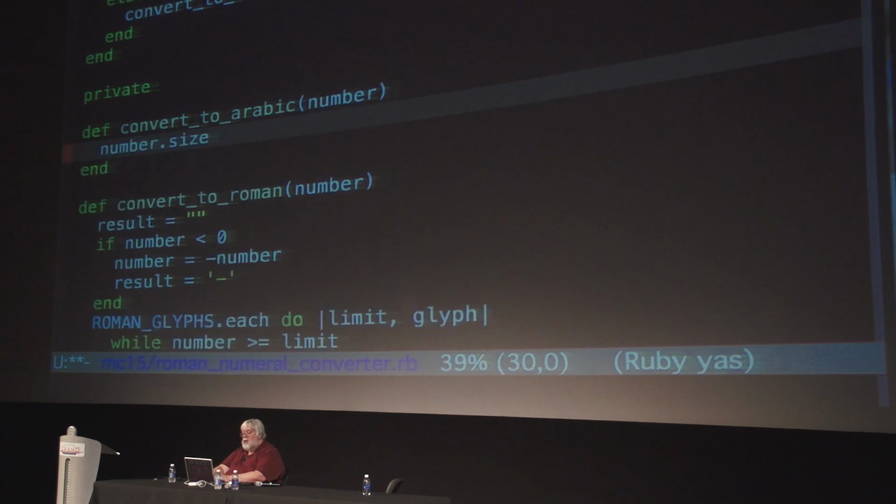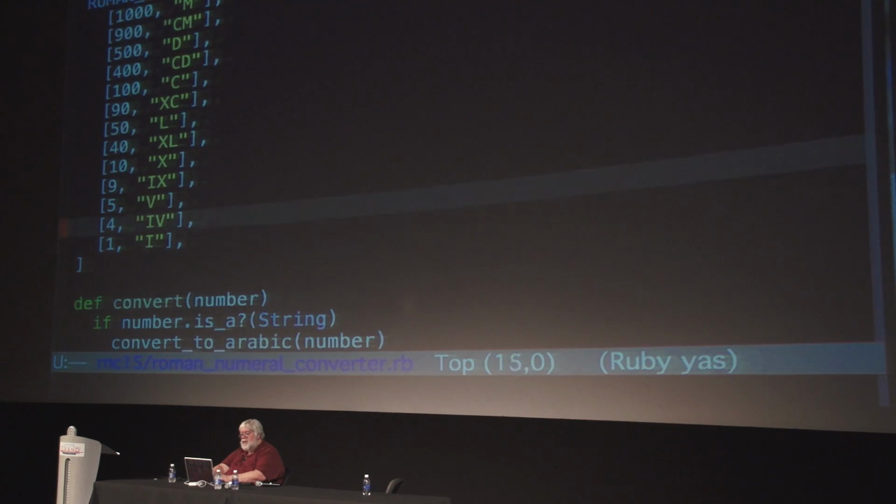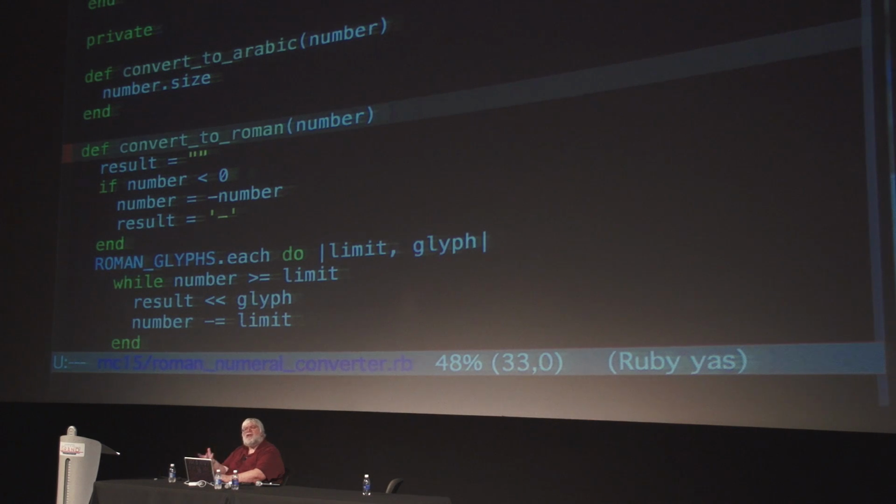Should your giant case of numerals to integers be private as well? The constant up here? Yes. It wouldn't hurt, but you can't mark constants as private in Ruby. If I could, I would. Methods are the only thing that you can mark as private.